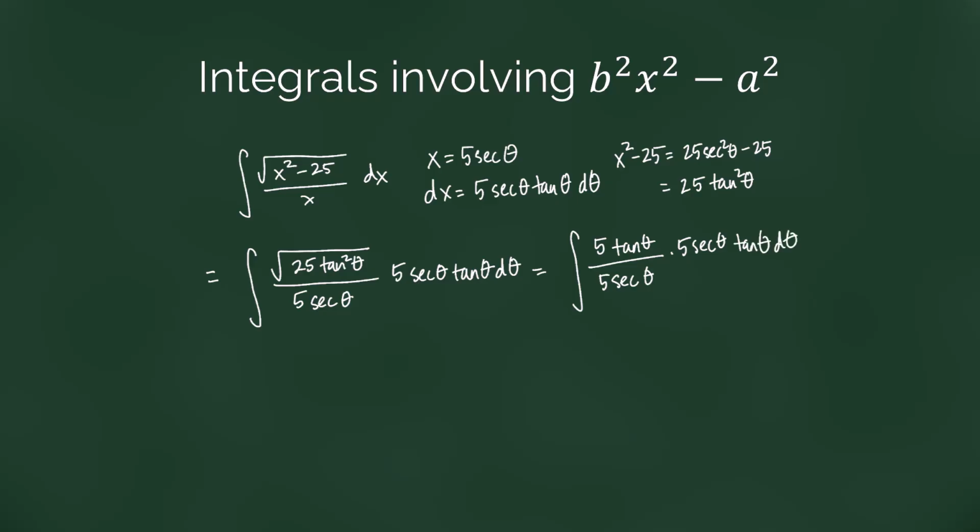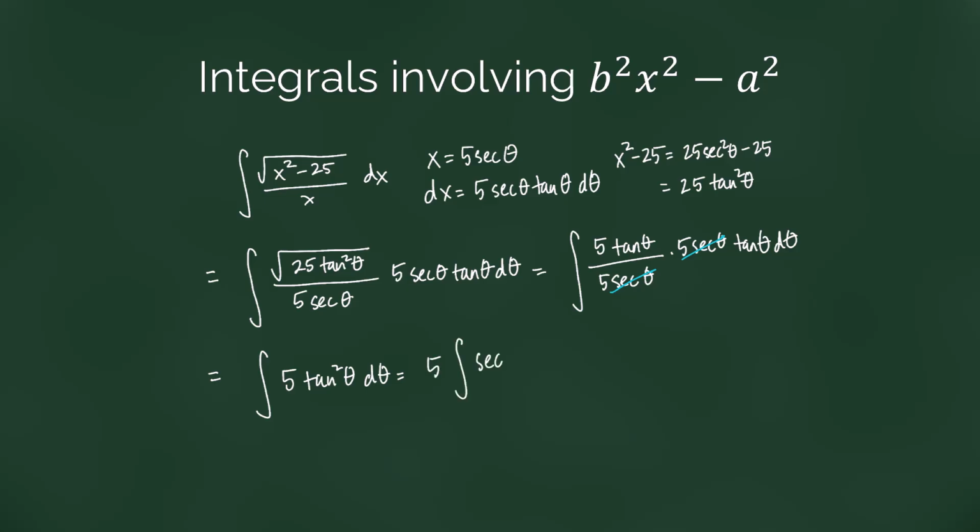We can tidy this up by canceling some terms. We've got a 5 secant theta in the numerator and the denominator, so we'll cancel those out. And when we rewrite this, it becomes the antiderivative of 5 tangent squared theta d theta.